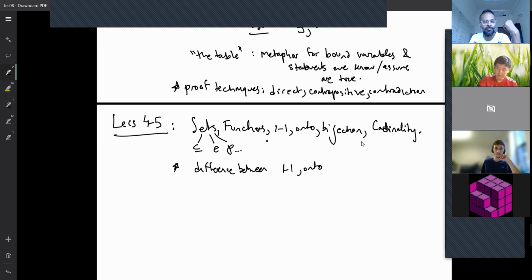You should know how they're related to each other. And another thing I would encourage you to review is the diagonalization proof that the irrational numbers are uncountable, which is really subtle. So I would advise everybody to review the diagonalization argument.